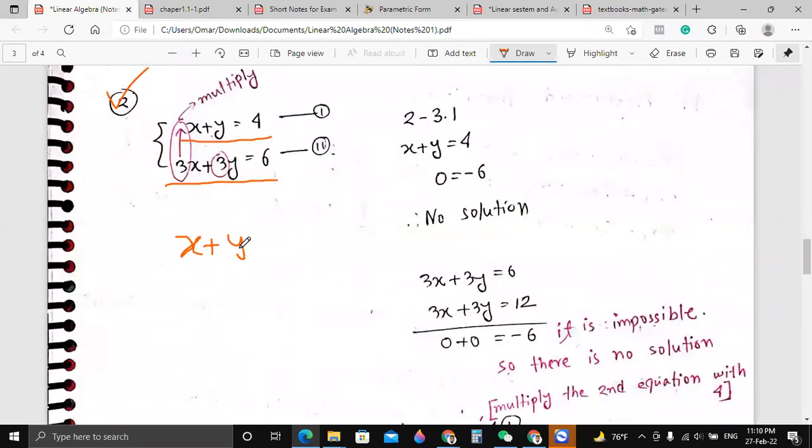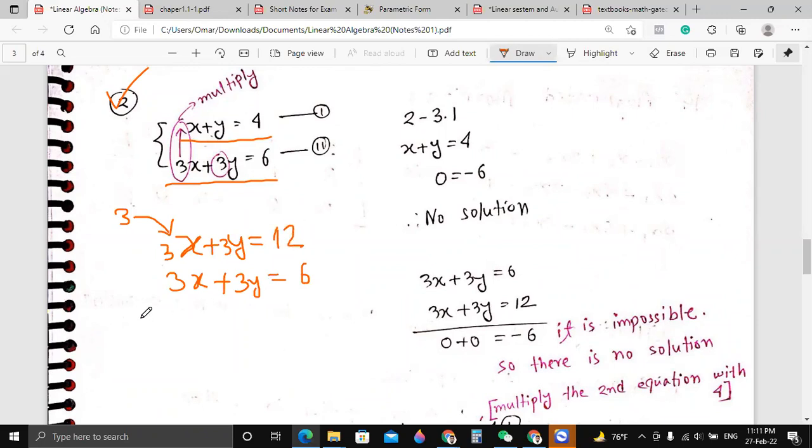So if I multiply 3 with the first equation, it will make 3x plus 3y equal to 3 multiplied by 4, that is 12.